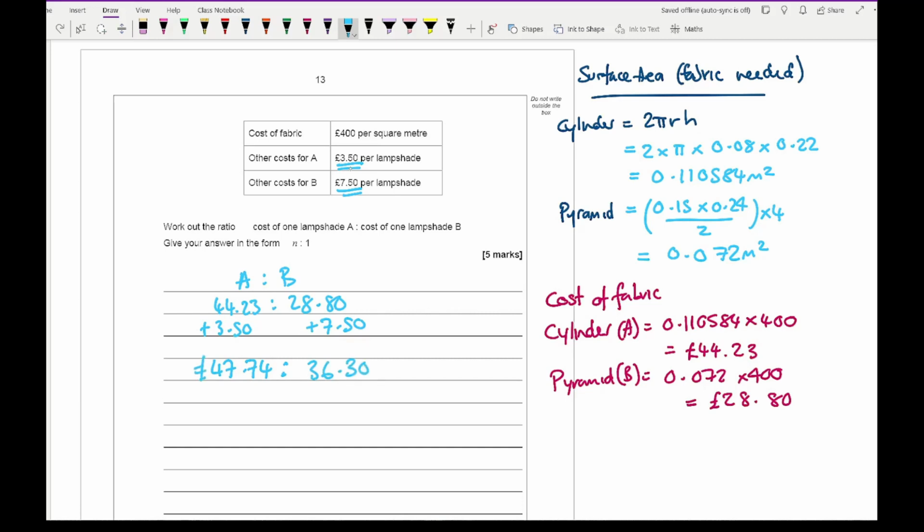Then, because the question says to make it in the ratio of n to 1, I need to make lampshade B equal to 1. So I'm going to divide this by 36.30, and I'm going to divide this by 36.30. So this then becomes 1.32 to 1.